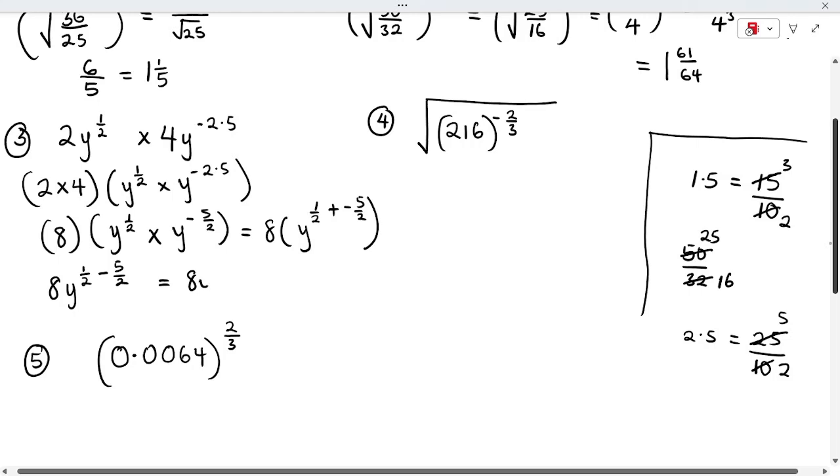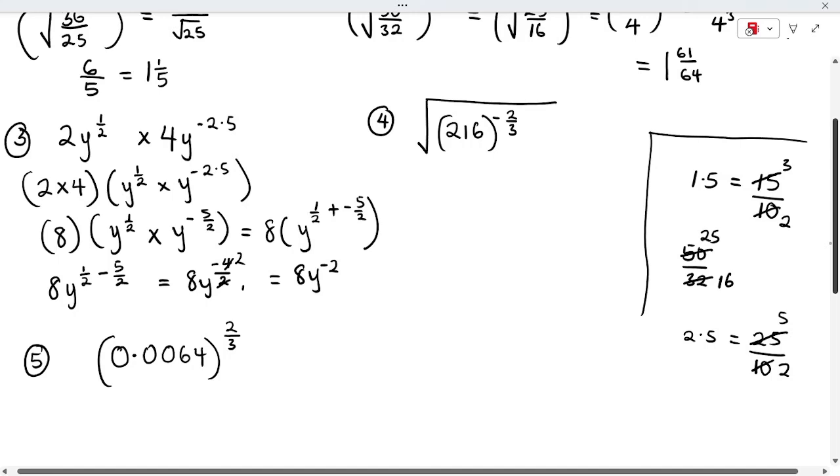Again, you are familiar with the practice of fractions, which says when you have the same denominator, simply pick one. And if you are subtracting, just subtract the numerators. So the denominator is the same, 2, 2, just pick one. And then we say 1 minus 5. That gives us minus 4. When we simplify, 2 can divide 4. 2 here is 1, and 2 here is 2. That means we have 8y raised to power minus 2.